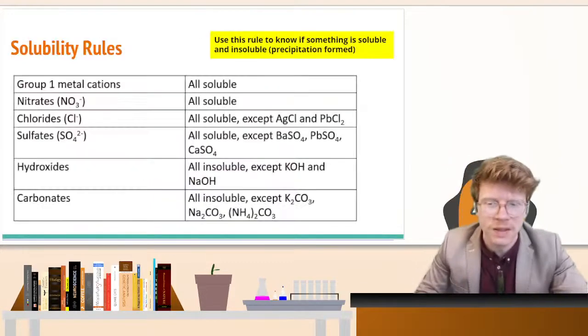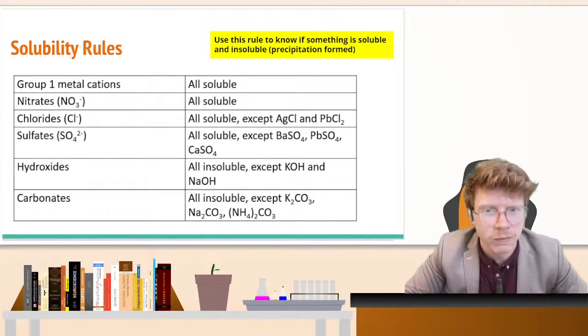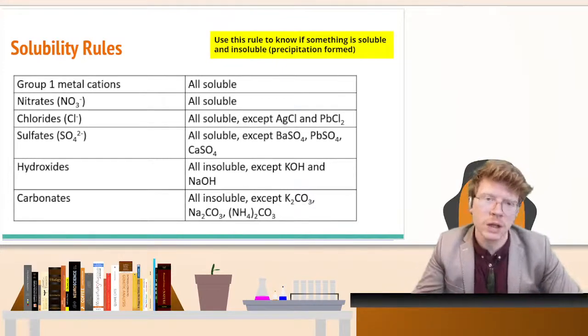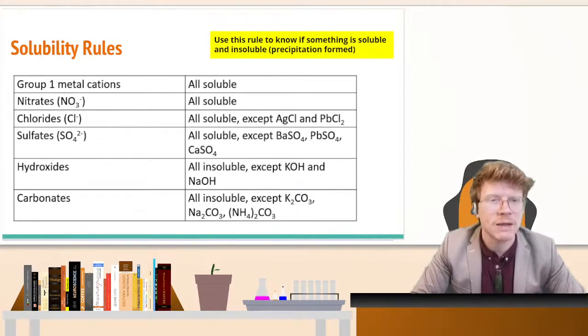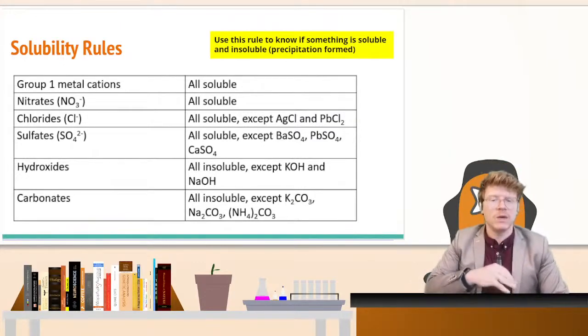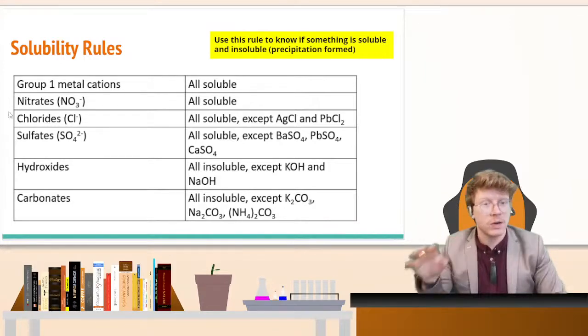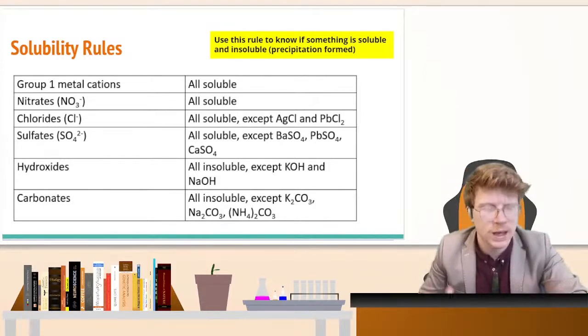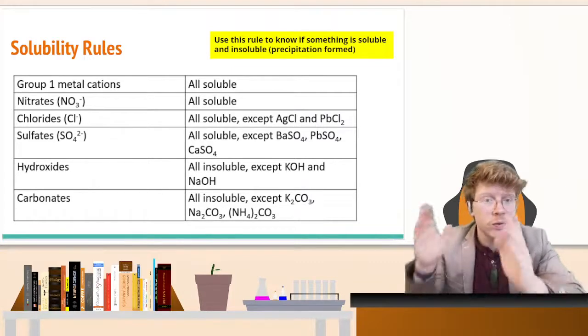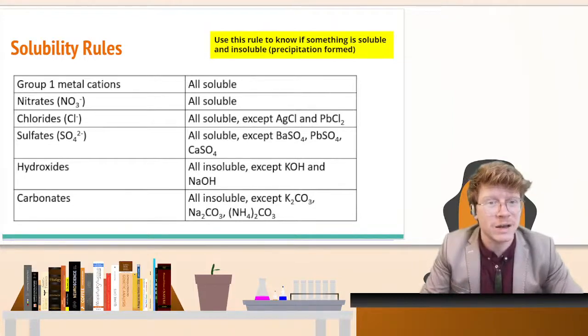Well, you use the other thing we'll provide you, the solubility rules, right? Solubility rules describe what things are soluble in water and what things aren't. It's a set of rules, we will give them to you, right? You have some lists of things that are all soluble and some rules that have exceptions. Essentially, you need to look at your two compounds that were made and check, are either of these insoluble?